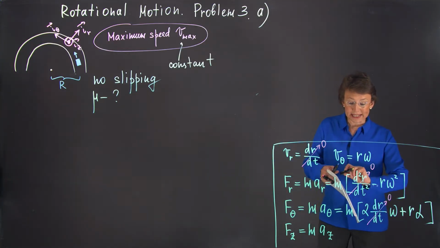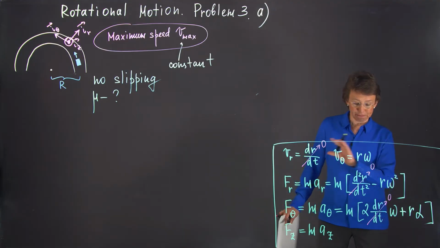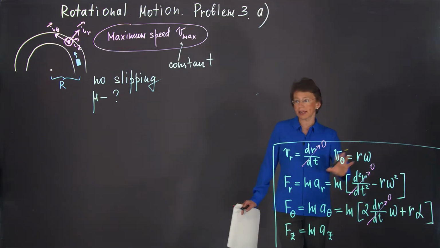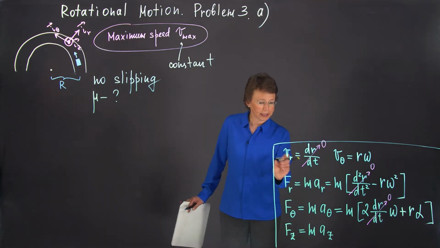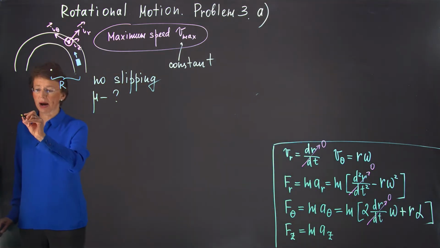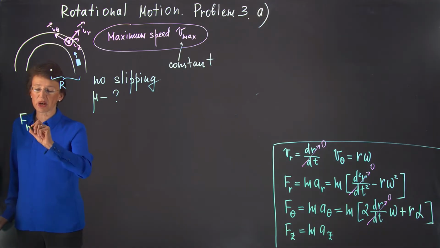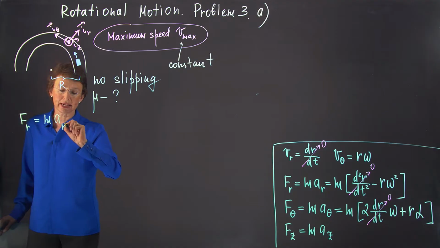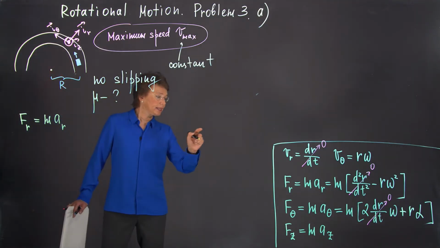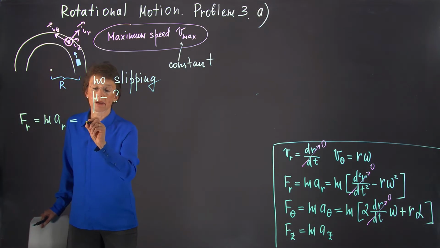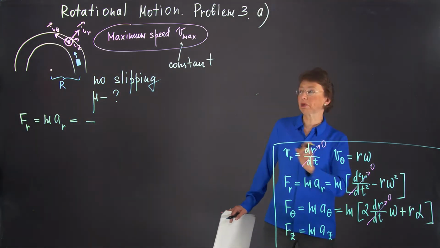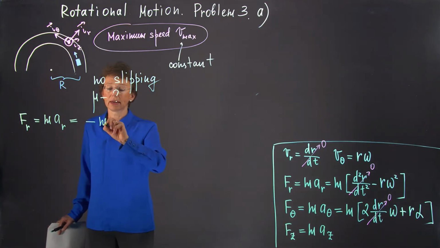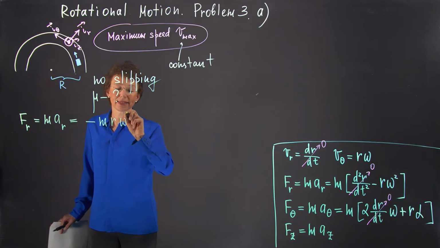We already did it in our video where we wrote all formulas. I don't have space here, so we will do it right here. Let's write F sub R when we apply this equation to our problem. FR is m a R, and it is equal to minus, because my IR is out of the circle, minus m R omega squared.